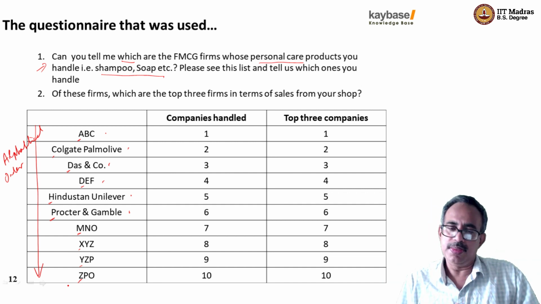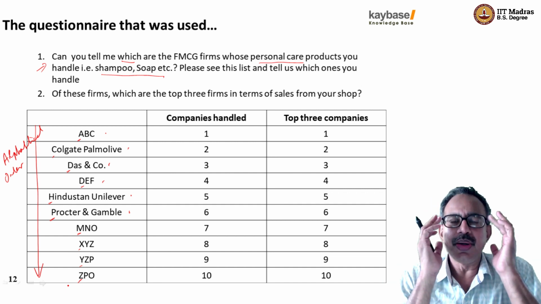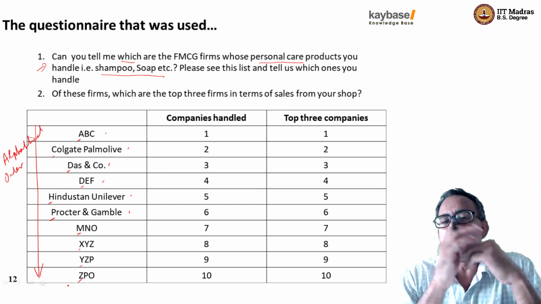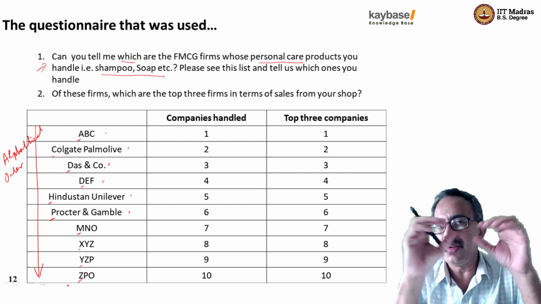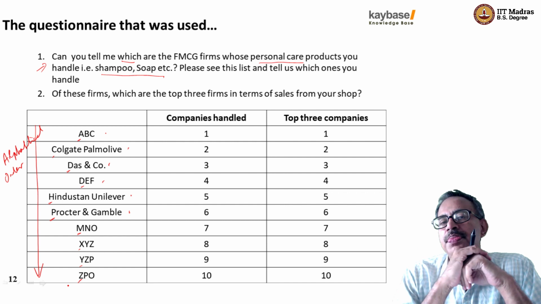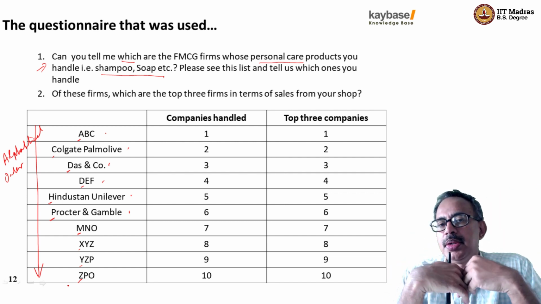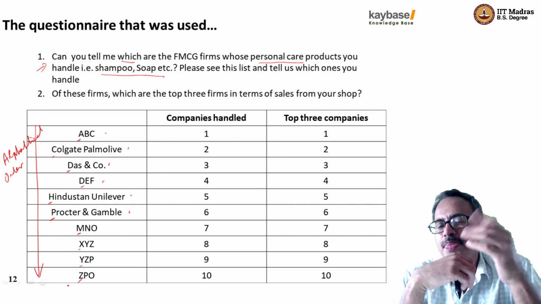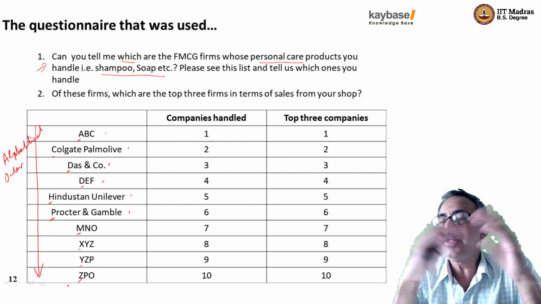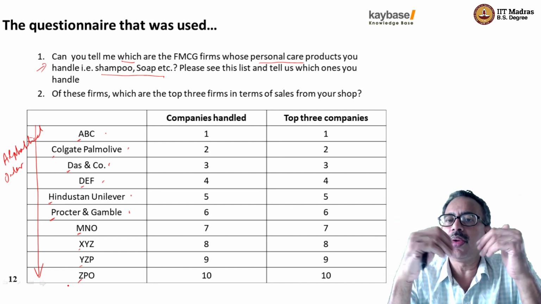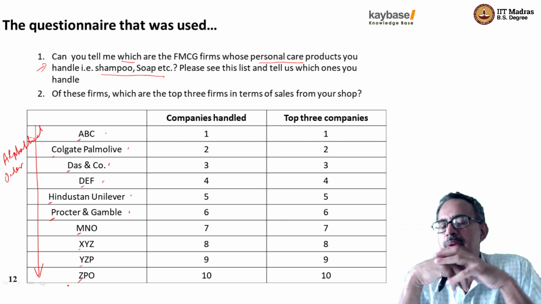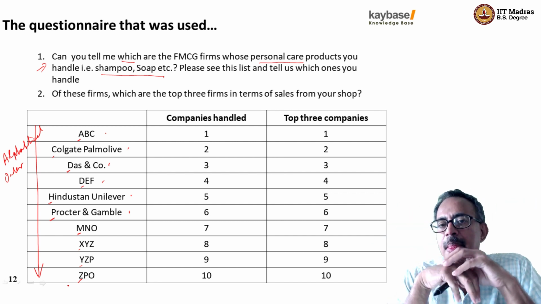We need some order, right? We can't go by largest company to smallest company because that will bias the consumer. We can't put our company's name on top. Why would we do that? So we need some order. An alphabetical order is a completely unbiased order to do things, right?